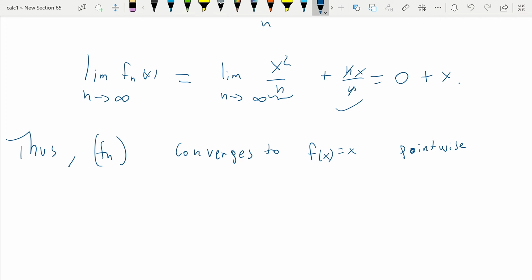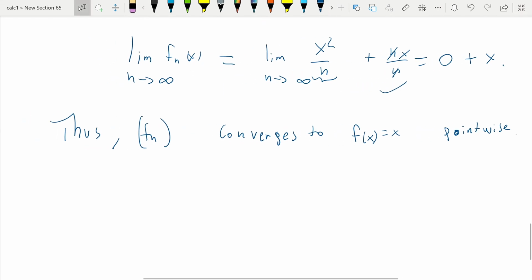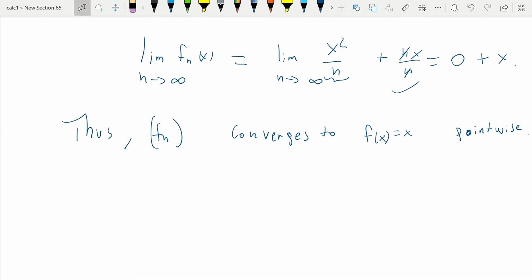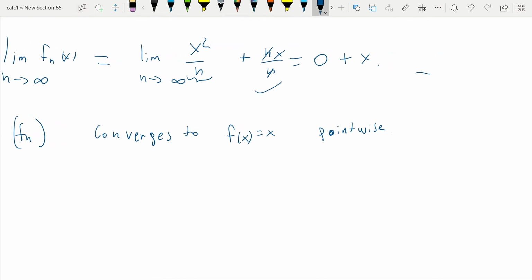And so that's why I stopped here, because I wanted to stress the fact that this is the definition. We're talking about convergence of the whole function, not the convergence of the function at a point, which is something we just did here. We computed this limit.